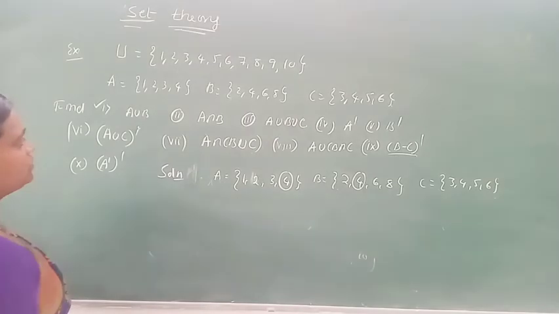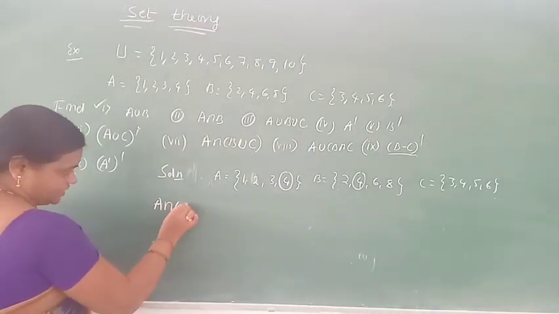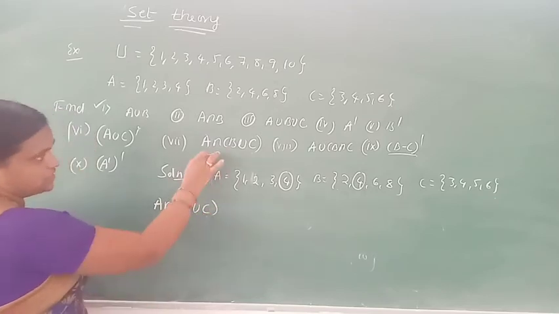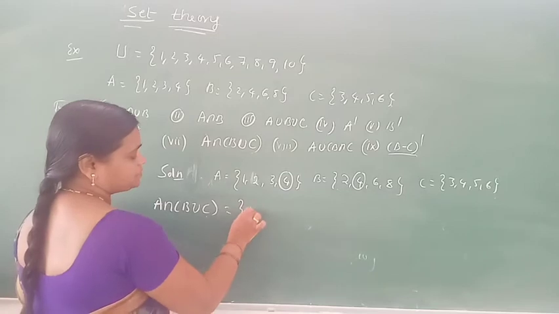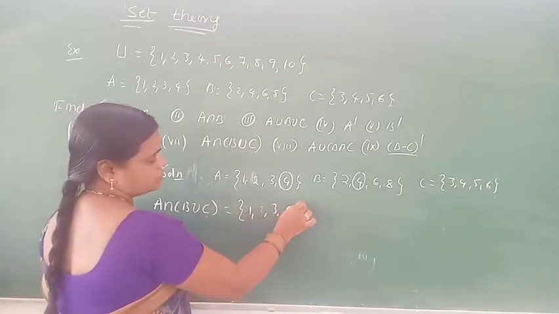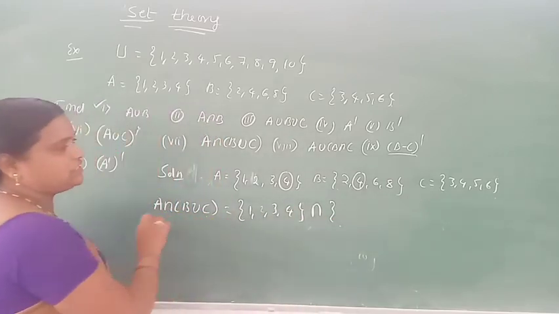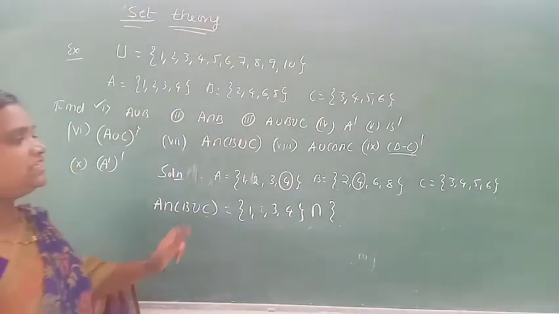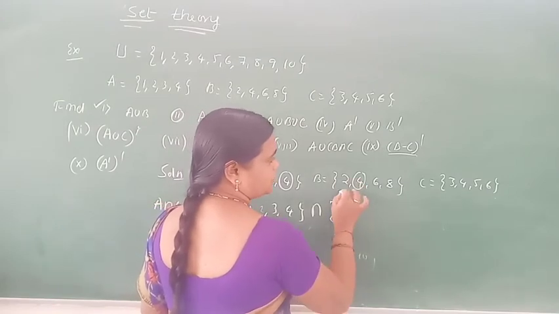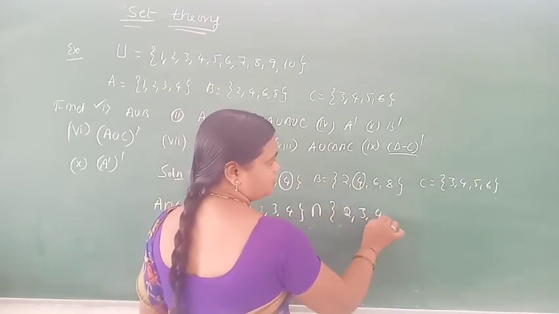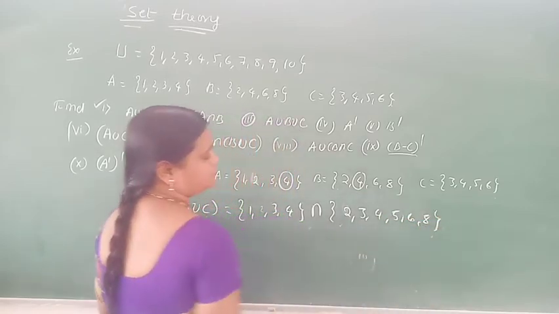After the calculation of A union C, the next one is A intersection B union C. First, set A is 1, 2, 3, 4. Intersection with B union C, meaning elements present in B and C: 2, 3, 4, 5, 6, 8, all together.